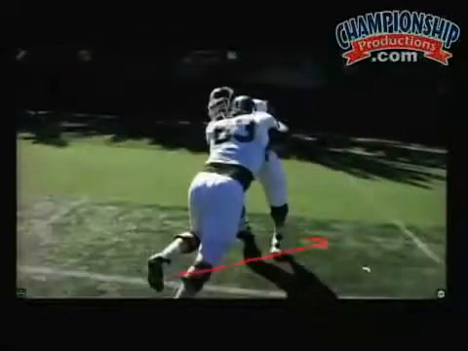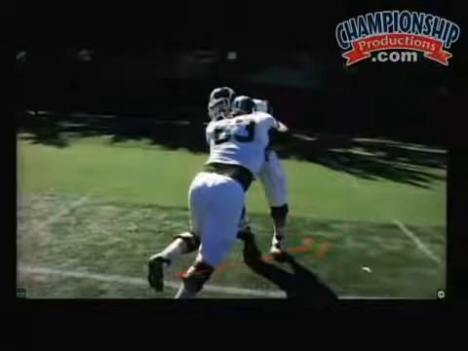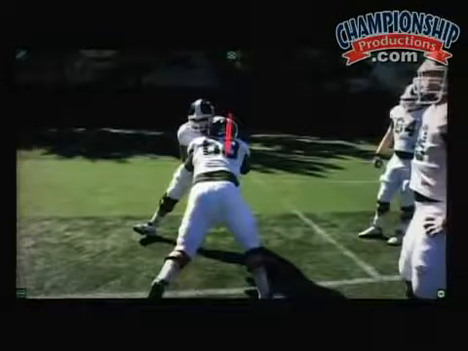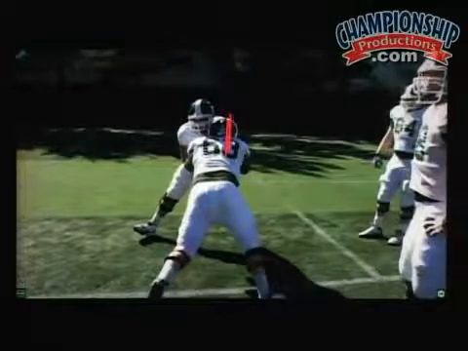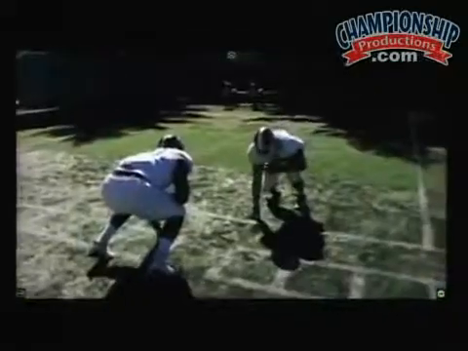The whole premise is this: we are running the football with the idea it's going outside. So we want to get our hat to that play side armpit, and in most cases, in executing this block, we feel like we have another offensive lineman that's working with us.